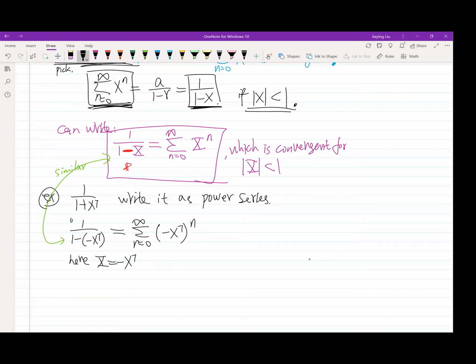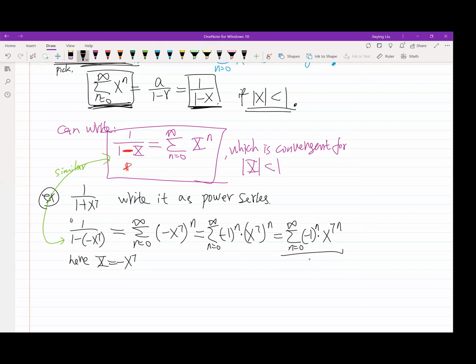So that's the power series representation. Then we can simplify that by splitting the negative x to the 7 as negative 1 to the n, and x to the 7 to the n, with n from 0 to infinity, which becomes the sum from n equals 0 to infinity of negative 1 to the n times x to the 7n.